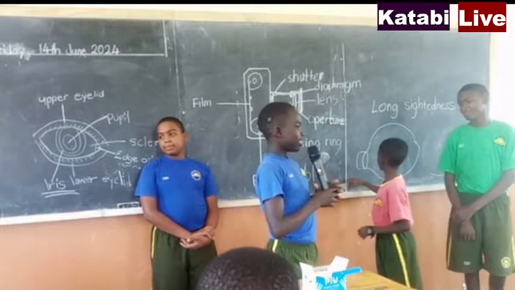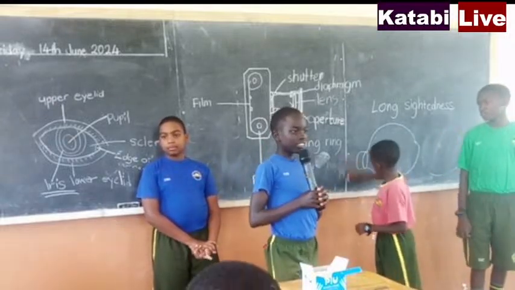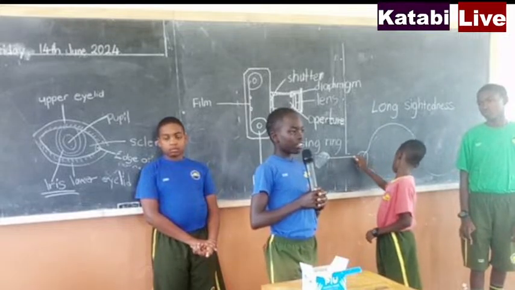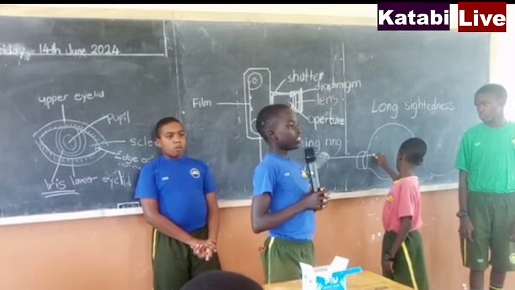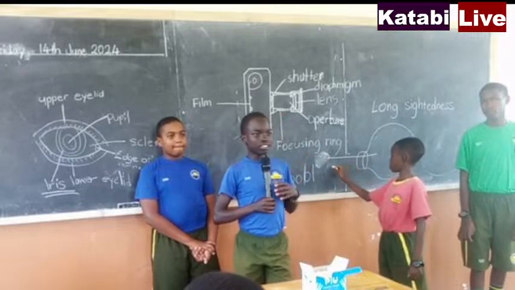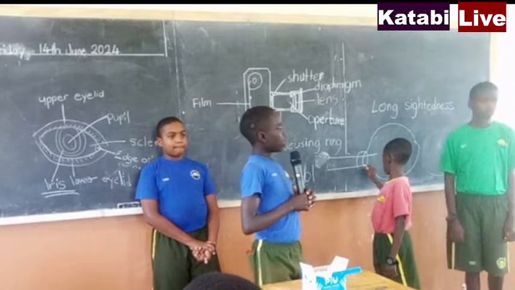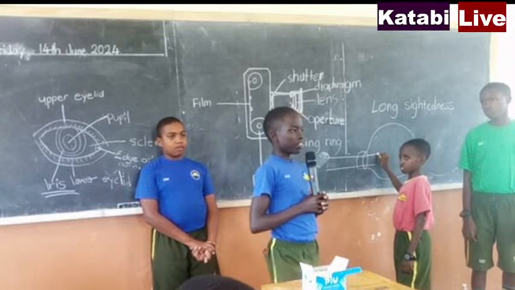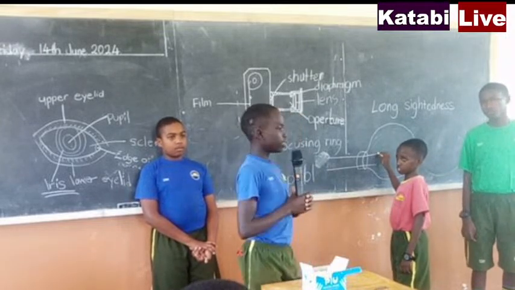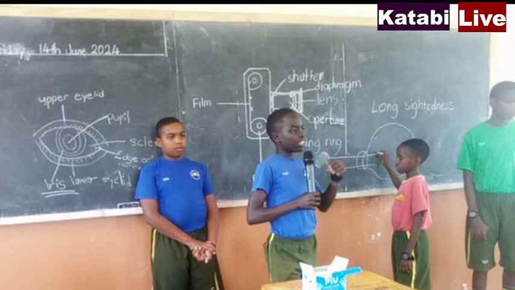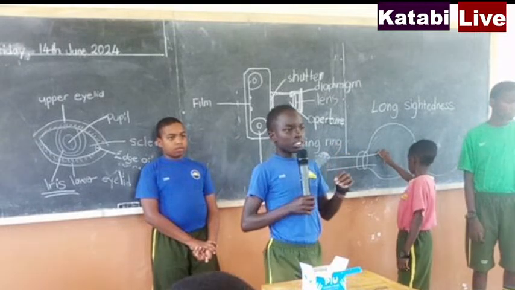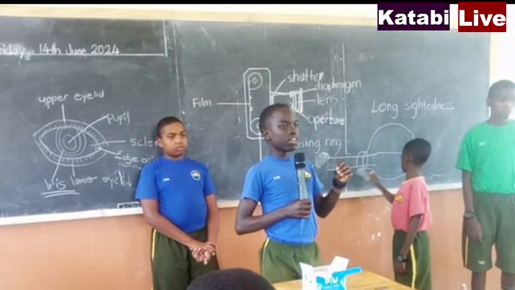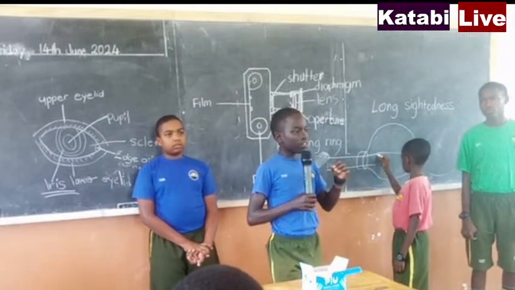Okay. He has said that the causes of short-sightedness are having too long eyeballs and having thick lenses. If you have a thick lens, you can get short-sightedness. So, how can we correct short-sightedness? We can correct short-sightedness by wearing spectacles with concave lenses.